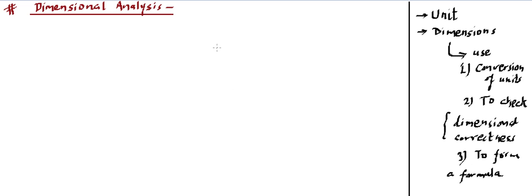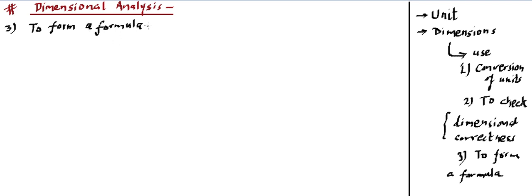So we are going to carry with this dimensional analysis, and in this dimensional analysis the third aspect of use of units and dimensions is to form a relationship or formula. So to form or establish a formula between physical quantities.